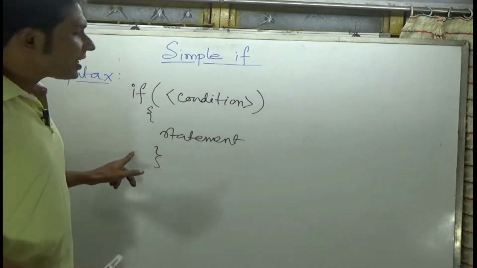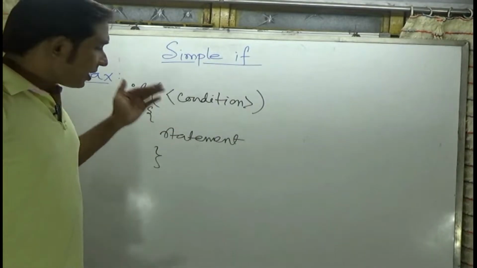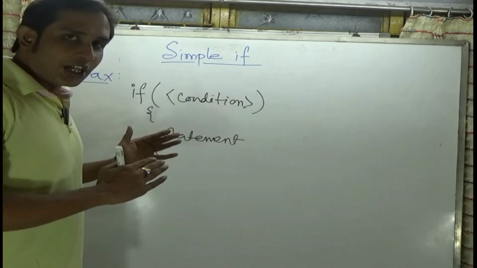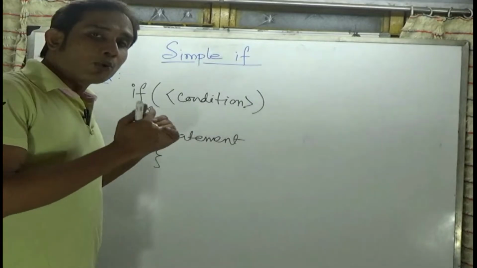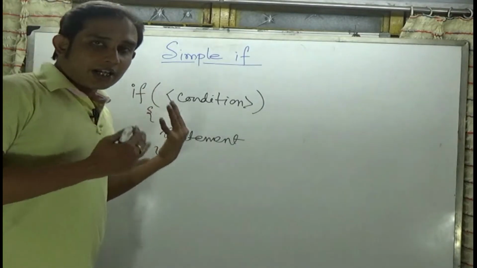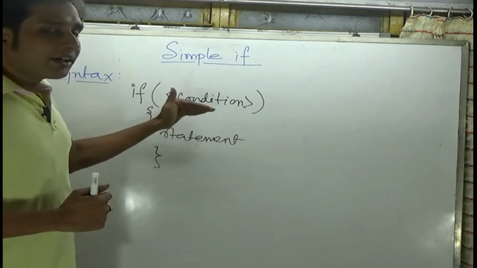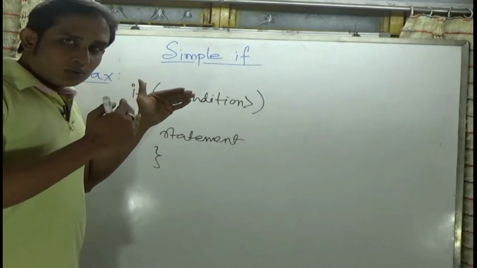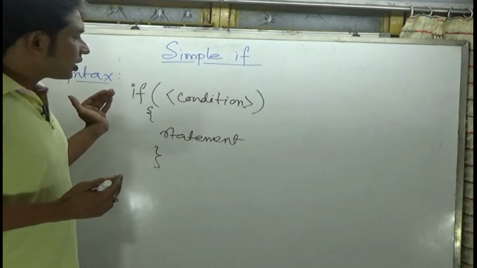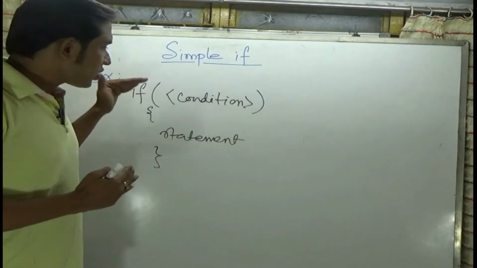So this is the syntax of the simple if, and syntax means the writing technique of any kind of thing in programming language, or the structure of writing any kind of statement in programming language. So whenever you write any kind of statement using the syntax, you cannot edit the syntax. You have to follow the syntax.